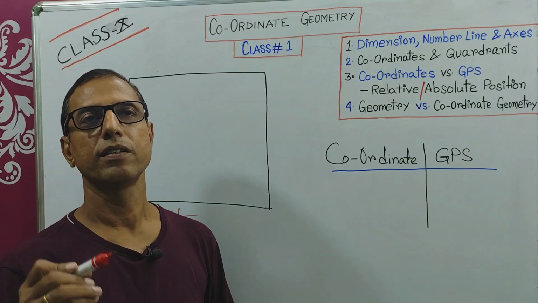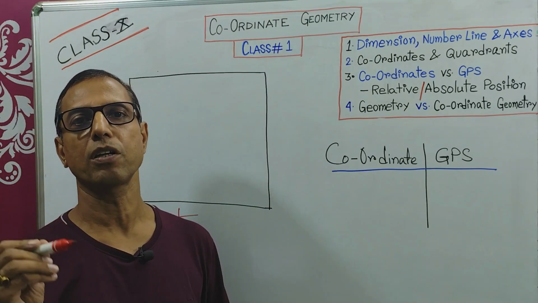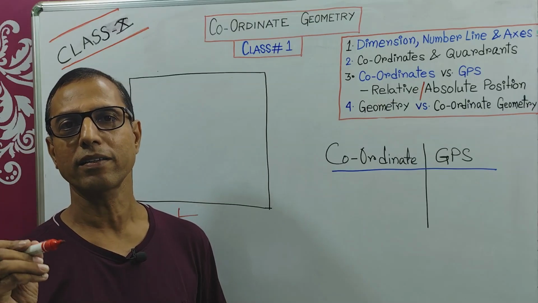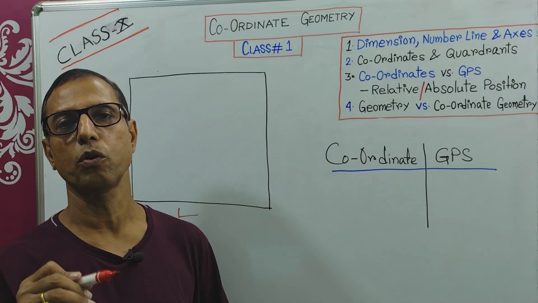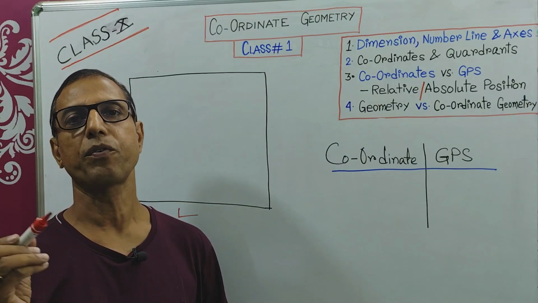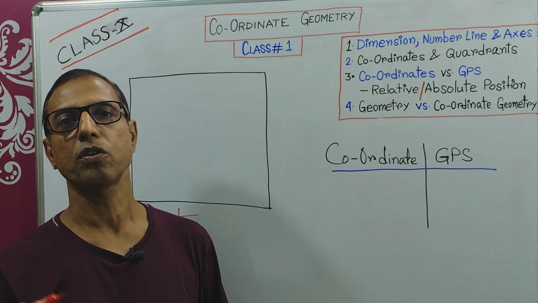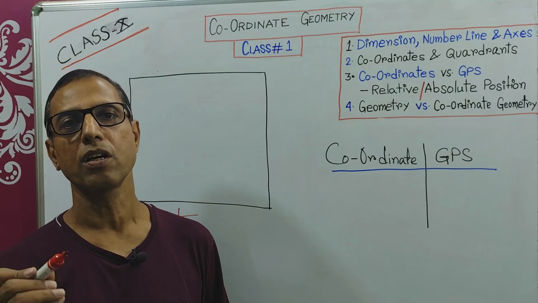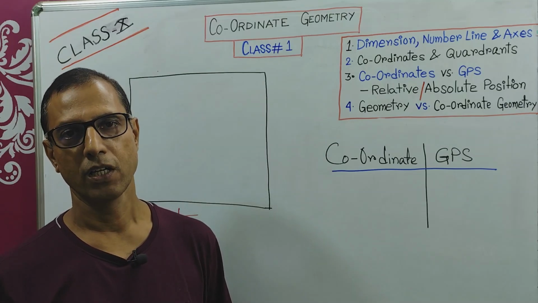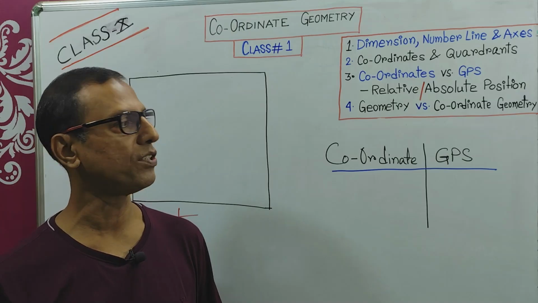If I say this is the point, this is the latitude and longitude on Earth. If you look at Google Earth or somewhere, you can find the absolute location of your building. So latitude and longitude are measured.